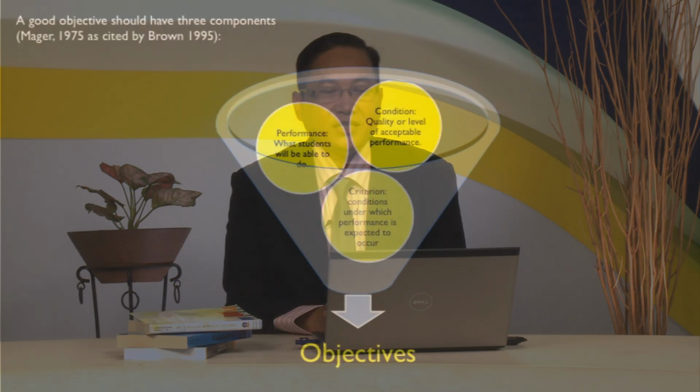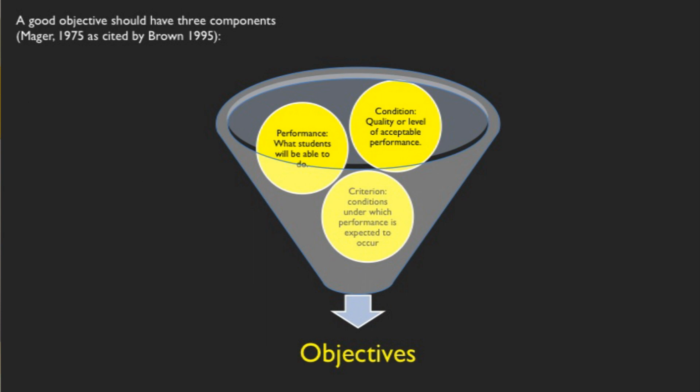From that definition, we can identify that a good objective should have at least 3 components. The first one is performance, the second one is condition, and the third one is criterion. Those are the components that should be included when we are formulating objectives.